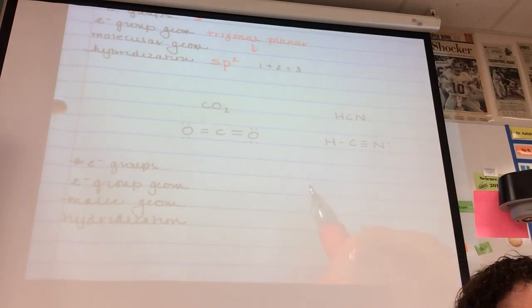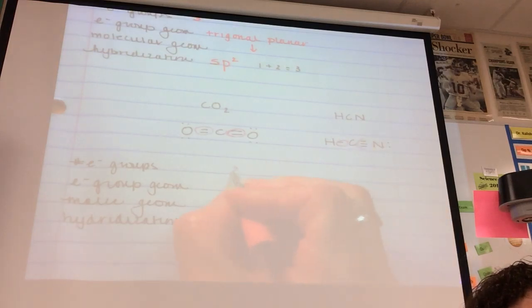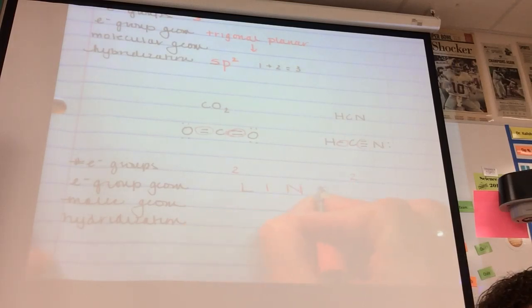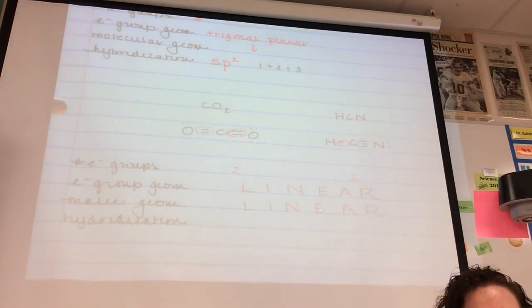Both of these have how many electron groups? 2. Correct. The electron group geometry for both of them is? Linear? How about the molecular geometry? Linear. Same. Now what about hybridization?